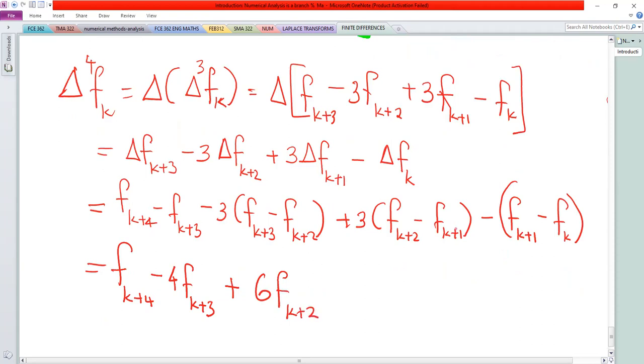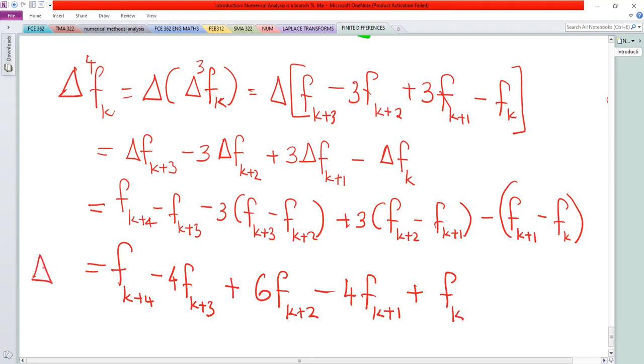Now these 3 times minus fk plus 1 will be minus 3 fk plus 1, then minus fk plus 1 will be minus 4 fk plus 1, and then minus minus will be plus fk.